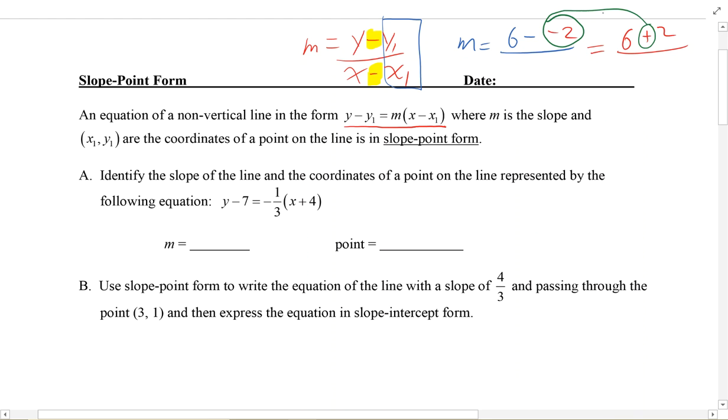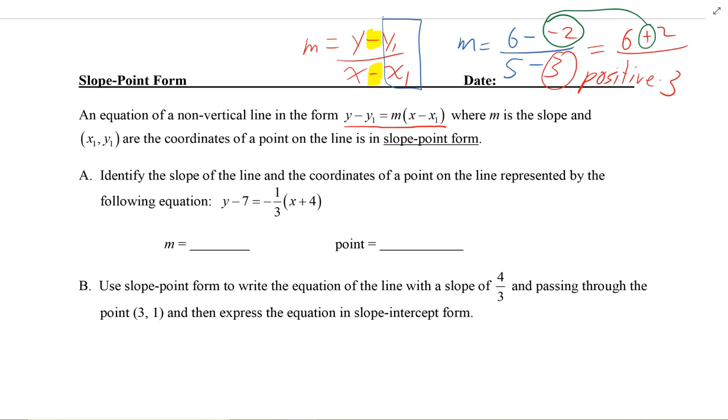Just like when we had, say, 5 minus 3, that actually was a positive 3 value. So that subtraction sign is separate from the points. And that's the biggest trick with this situation, okay?